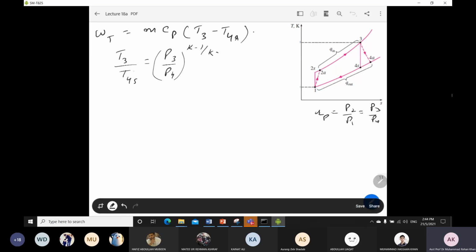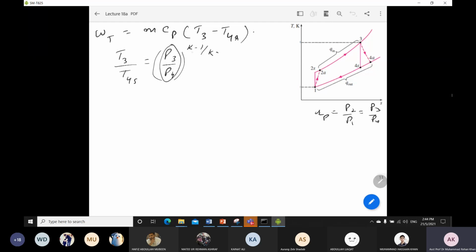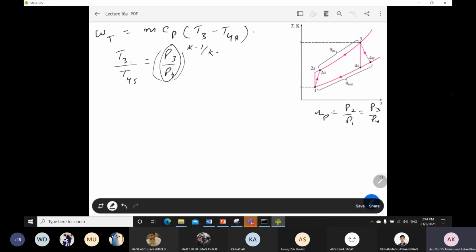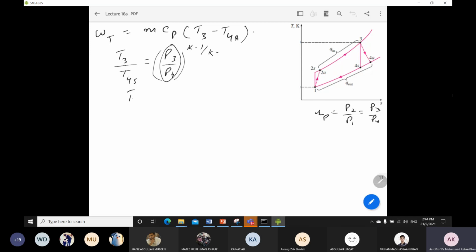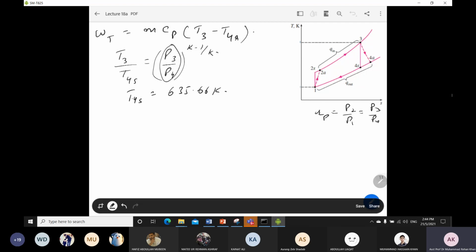So from here we can easily find the value of T4s, because K is known to us, and the T3 value is known to us from the question, which is 1073 Kelvin. If we solve it for T4s, it turns out to be 635.66 Kelvin, by using this relation.